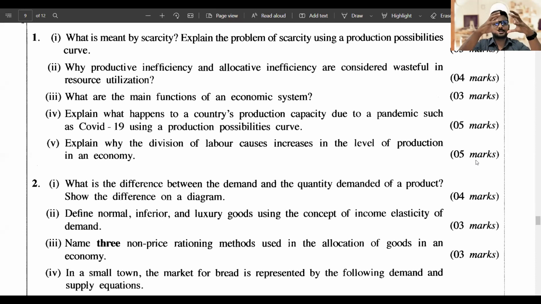So your structure has to be: first say what is productive inefficiency, and then say how it wastes resources. Then allocative inefficiency, what is it, definition, and then say how it leads to wastefulness in resources. Simple. Pretty much you'll be writing 4 sentences or 4 points, 4 marks. Clear?